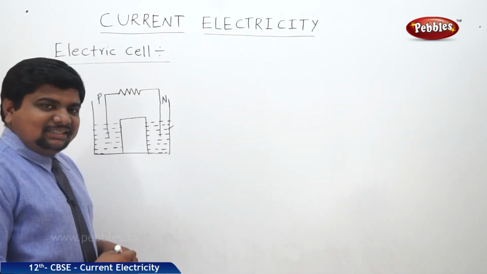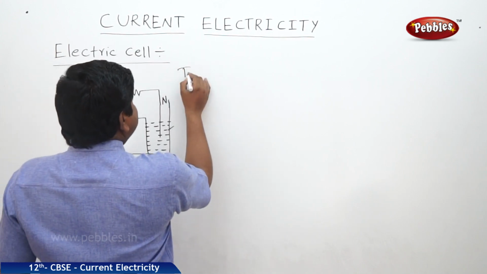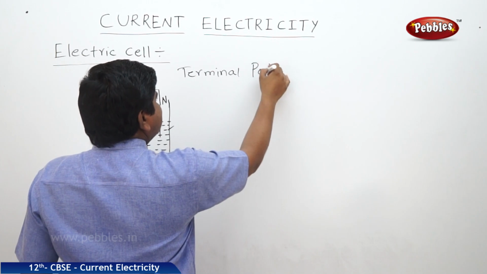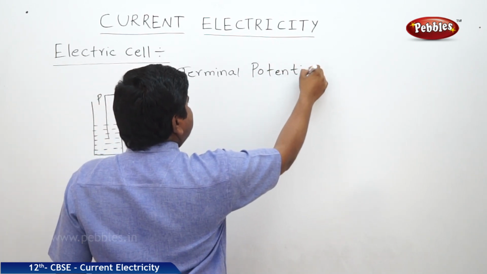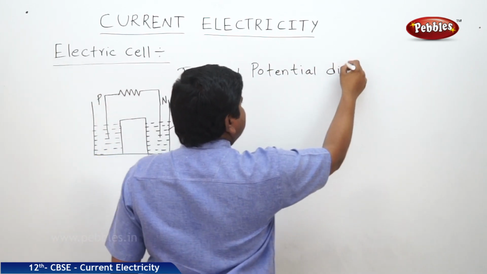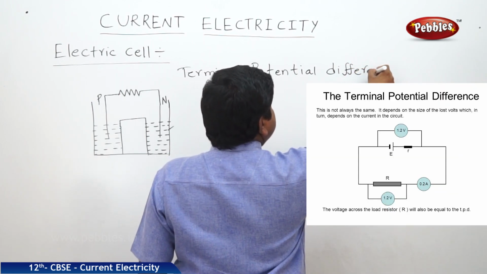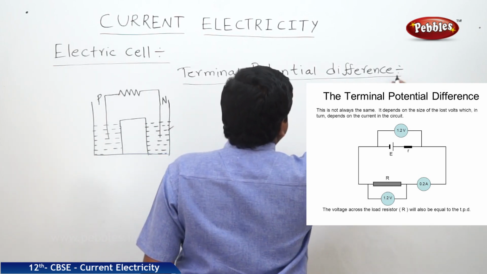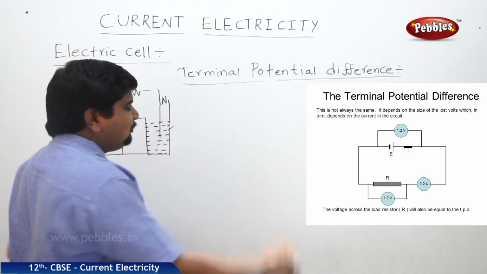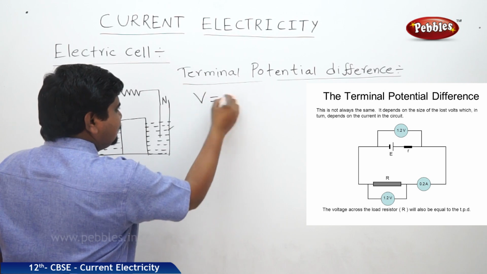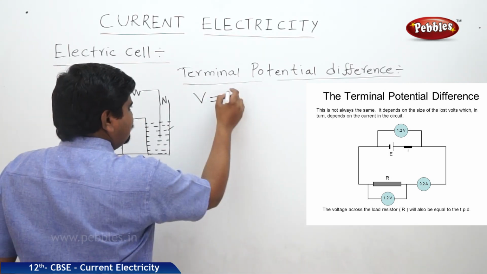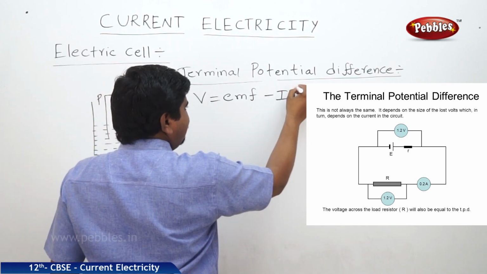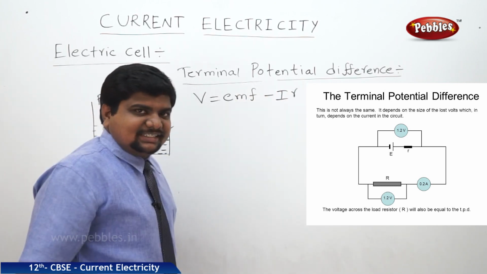Now we will see the terminal potential difference, how it is related. The symbol of terminal potential difference is V, which is equal to EMF minus Ir, the potential due to the internal resistance.